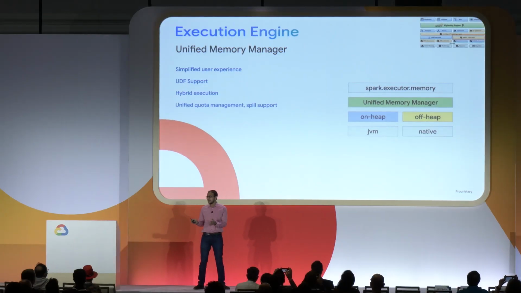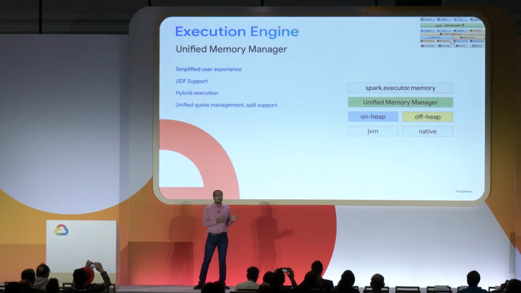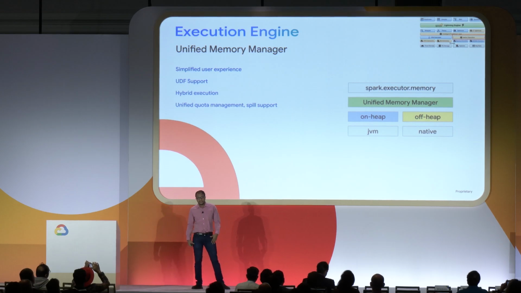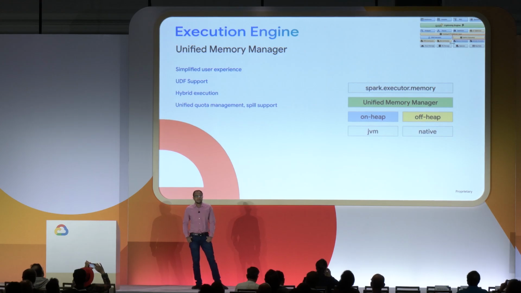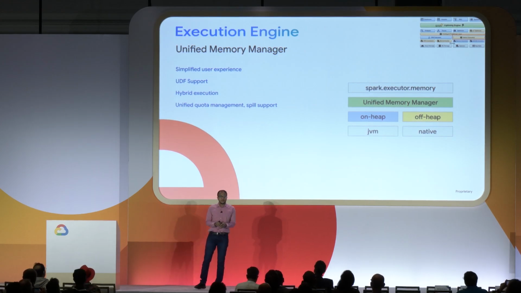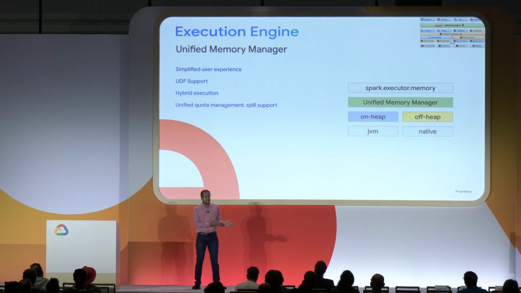Moving on to the execution engine, one of the key goals for us is single-click deployment of Lightning Engine. So customers shouldn't be required to tweak their jobs to move their workloads to Lightning Engine. We have solved it by making sure that Lightning Engine is 100% compatible with open source APIs. But the other main gap was, how do we solve on-heap versus off-heap memory? Because Lightning Engine requires off-heap memory, while a JVM-based engine requires on-heap memory.